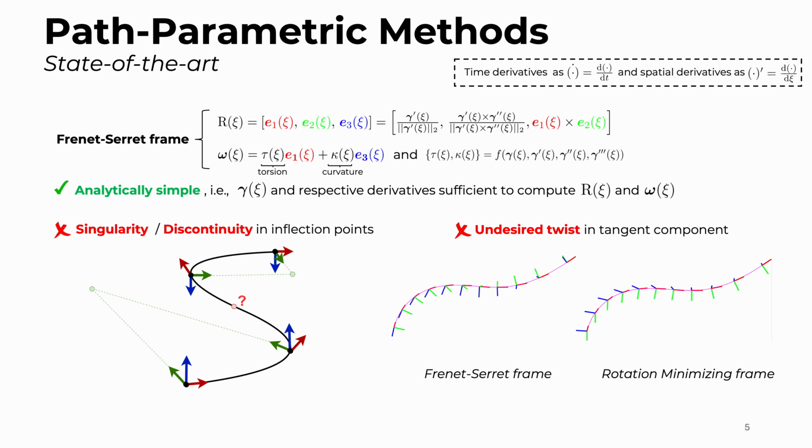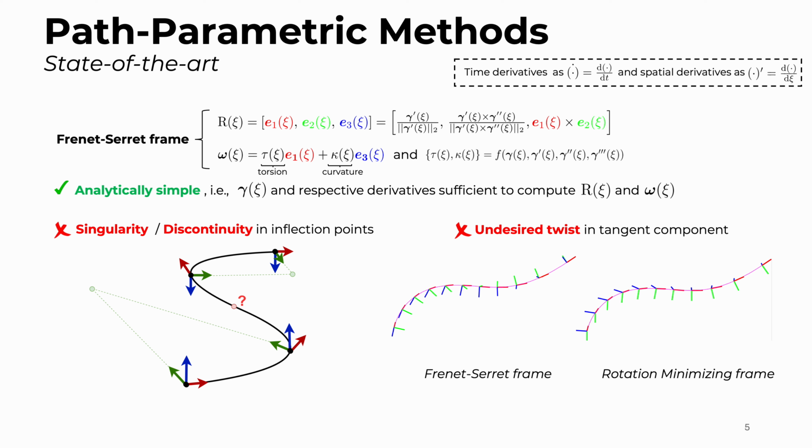To showcase this undesired twist, we can look into the bottom right side of the slide, where we compare the Fresnel frame to the rotation minimizing frame, and we see how the Fresnel frame shows this undesired twist with respect to the first tangent component, while the rotation minimizing frame shows a more natural motion along the path. So these two disadvantages motivate our work and motivate PHODCOS, and in order to overcome these limitations, we present the method in our paper.